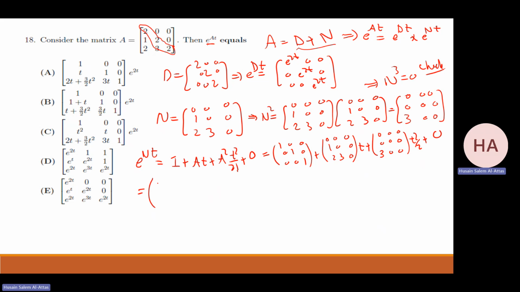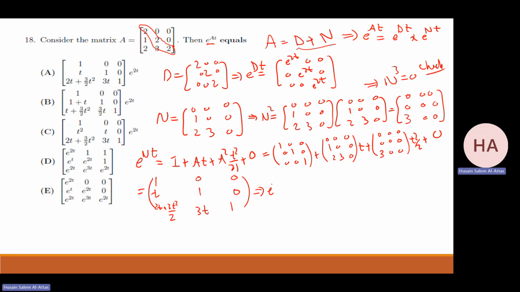And that is what? 1, 0, 0. Then t, 1, 0. Then 2t plus 3t squared over 2, 3t, and the last one, 1.